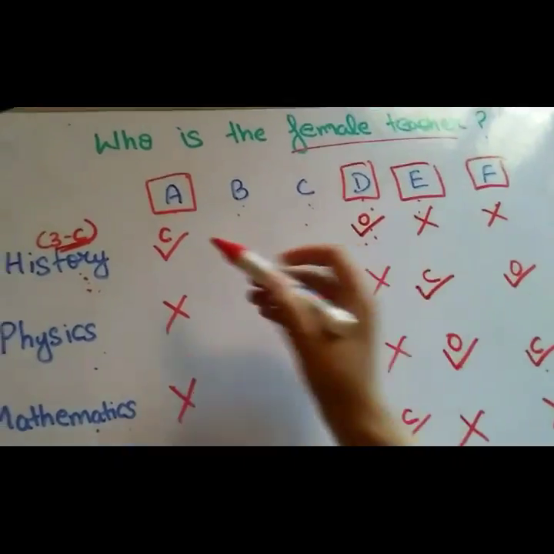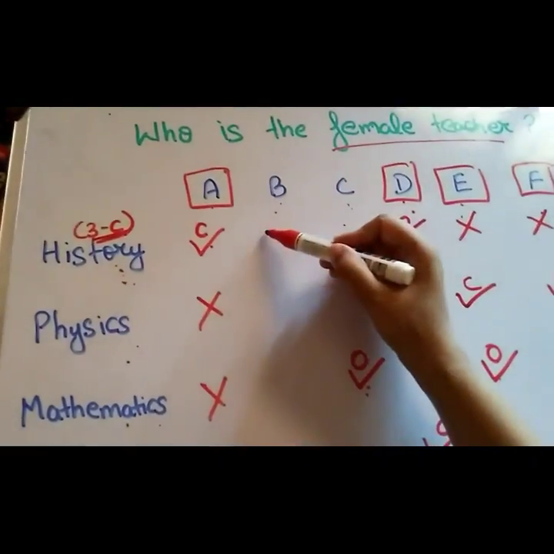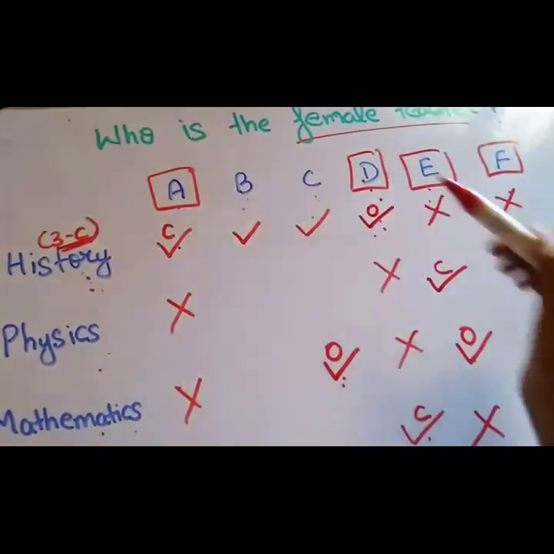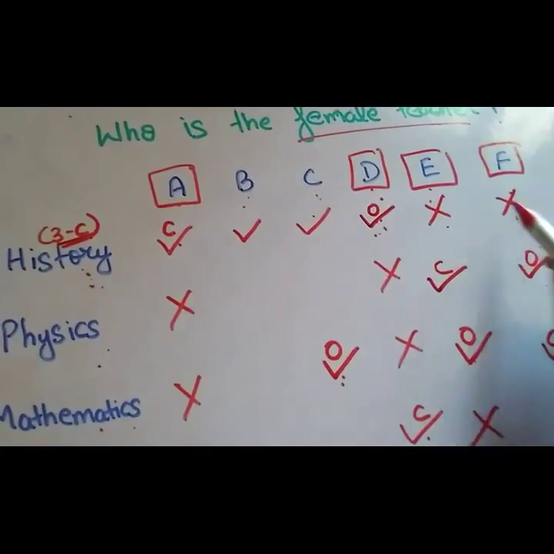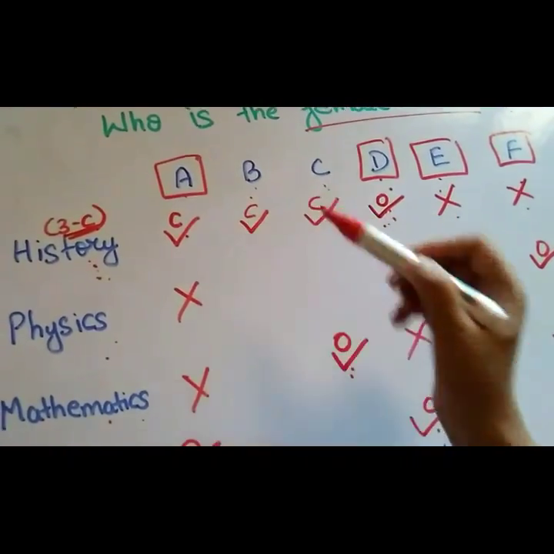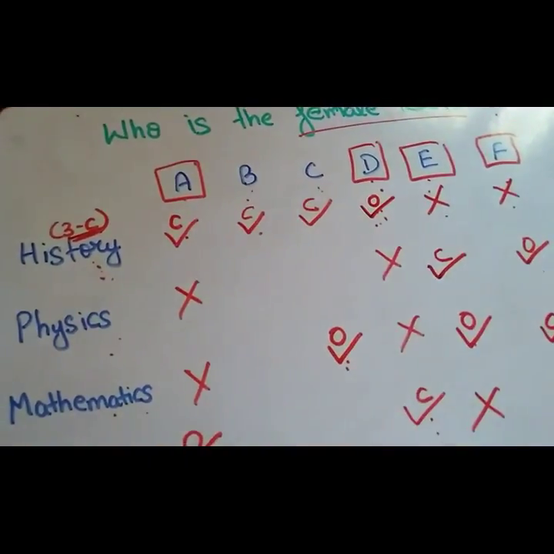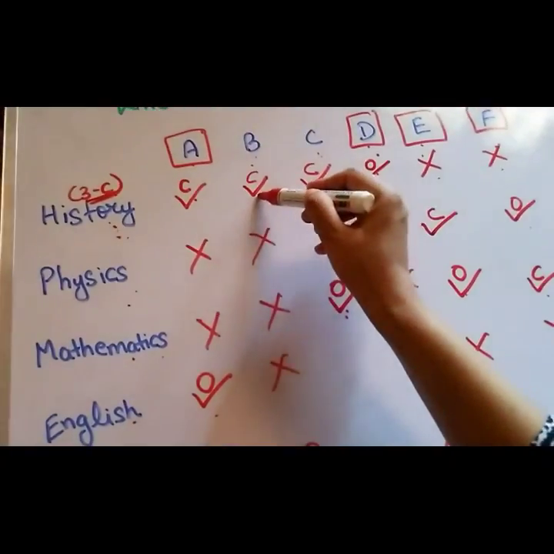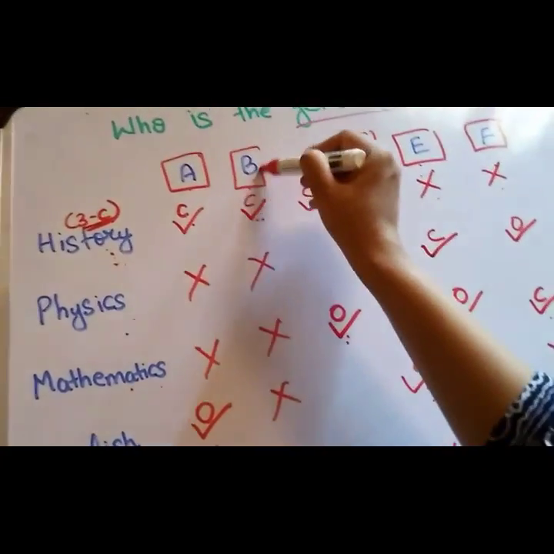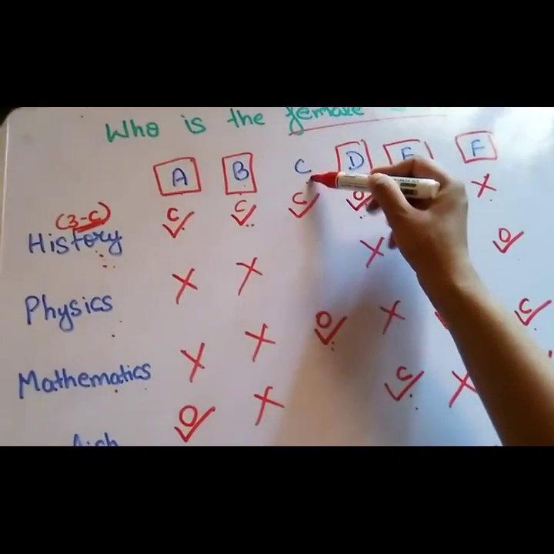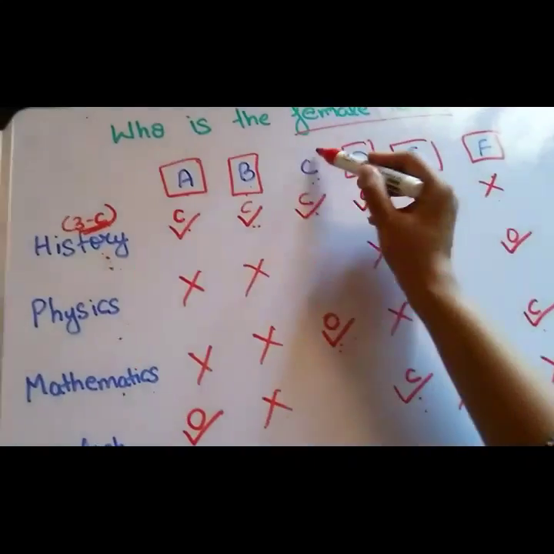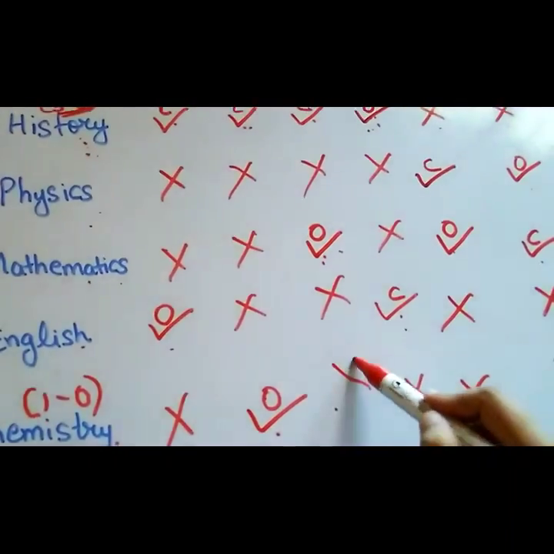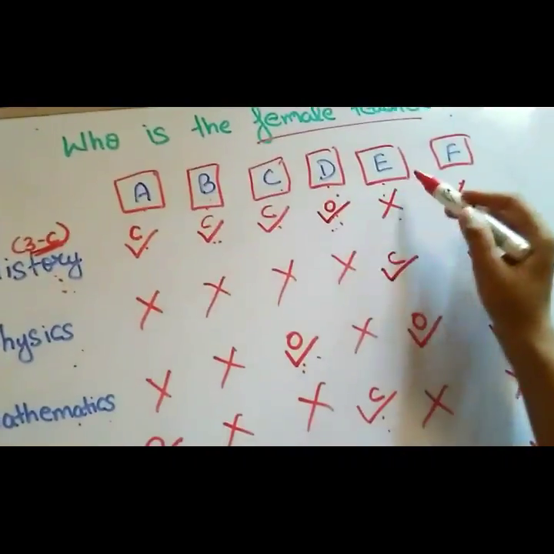So A, B and C, because the others we have already covered. So we have got the 2 subjects for B, history and chemistry. C has 2 subjects, history and mathematics. C we have also covered, right? So we have covered all the subjects.